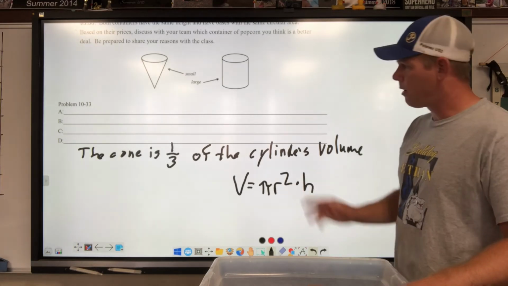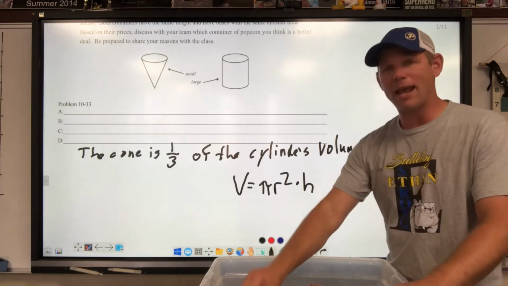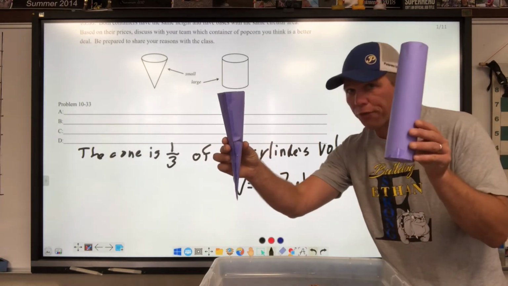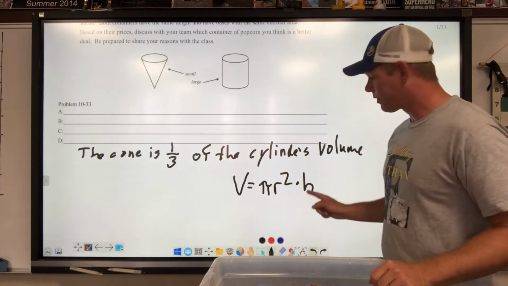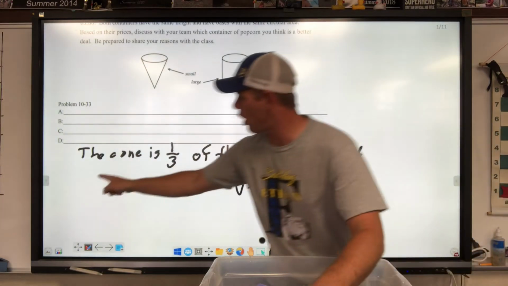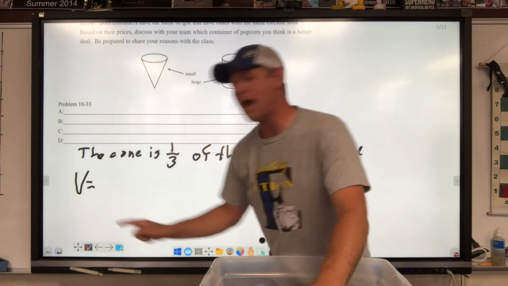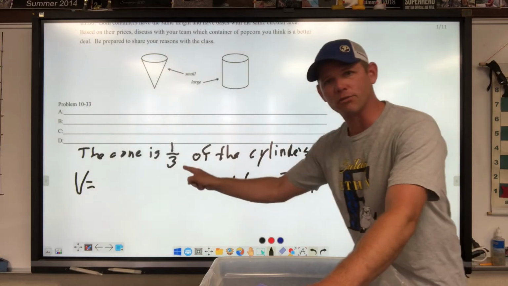But if I know that a cone is 1/3 of its cylinder, this is very similar because the volume of a cone can now be found using this relationship.